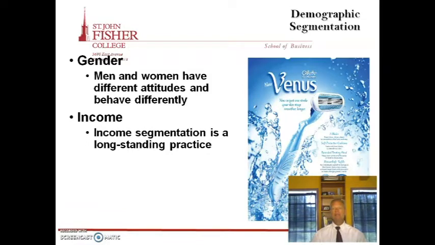So even if you have a very similar product, it's still different. And then finally, income. Lots of products are segmented by income. It gets into psychographic segmentation, which is what we're going to talk about next anyway. But I've always said, what's the difference between a Mercedes-Benz and a Ford Fusion?